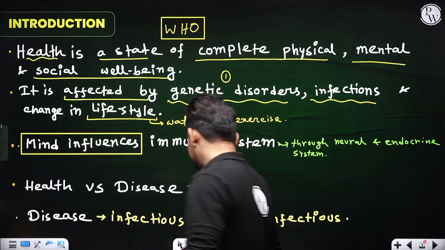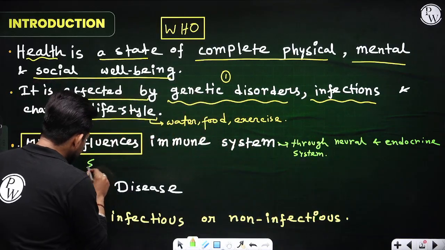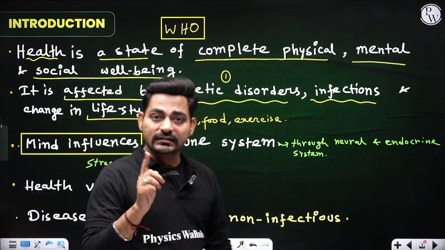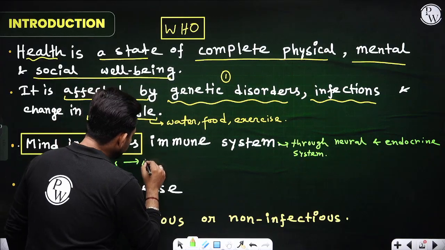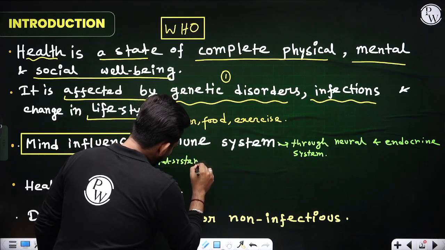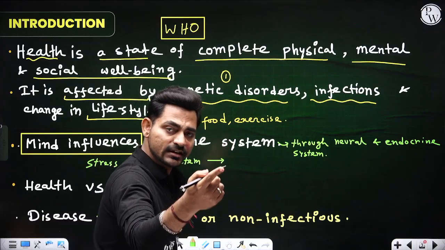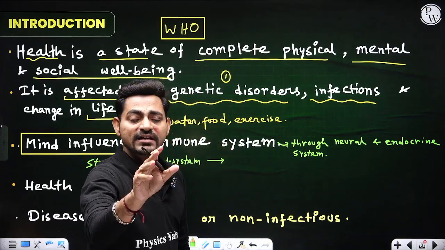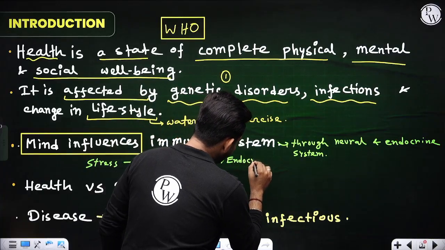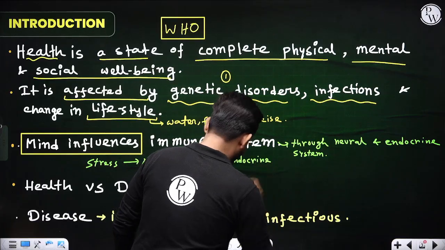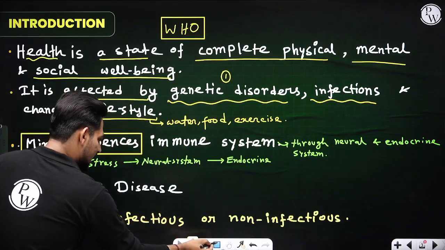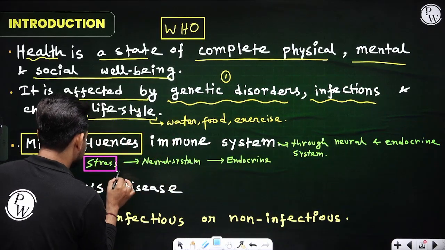Why is it so? If you are taking too much stress, that is giving a signal to your neural system. The neural system has control over your endocrine system, and your endocrine system will give a response against this stress. How?